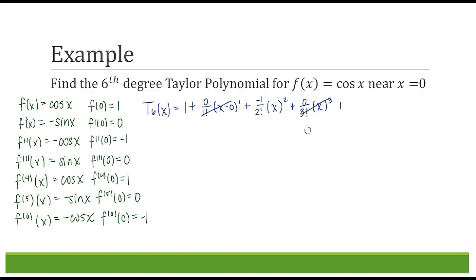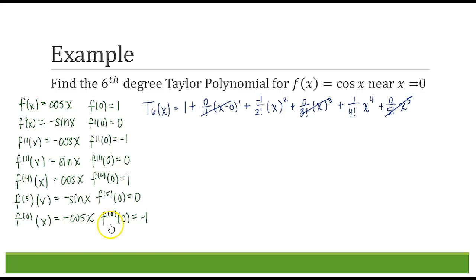And then we'll have plus the fourth derivative at 0 was 1, so we'll have 1 over 4 factorial, and then x minus 0 to the fourth. And then, you may have guessed, the fifth derivative at 0 is 0, so that term is actually going to be gone as well. 0 over 5 factorial x to the fifth, so that term is gone.